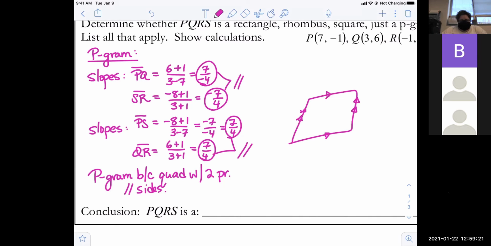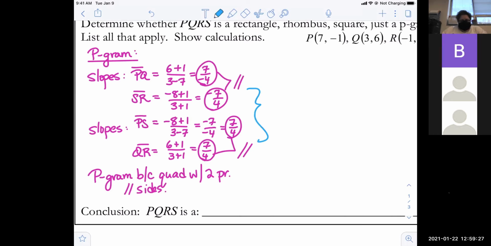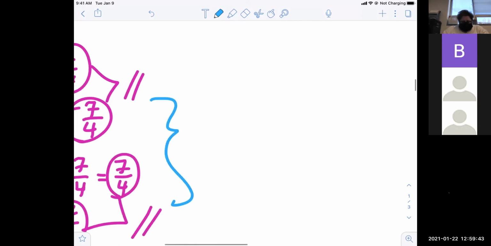Okay. It's not a rectangle. Say that again, because. Okay. So remember a good reason to start with 4 slopes is because not only will it tell you if it's a parallelogram, it'll also tell you if it has right angles, which if they're perpendicular sides at all the corners and all the vertices, then it'll be a rectangle.